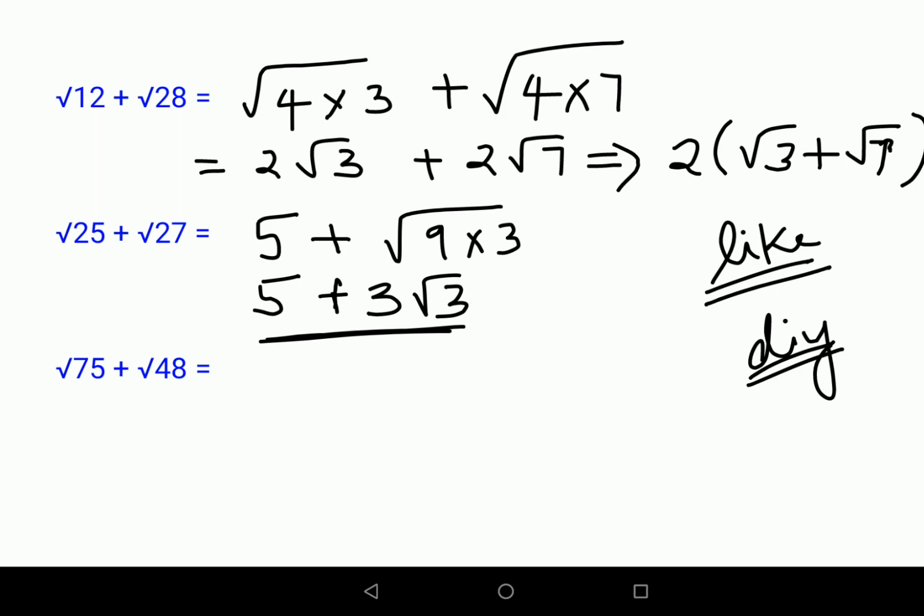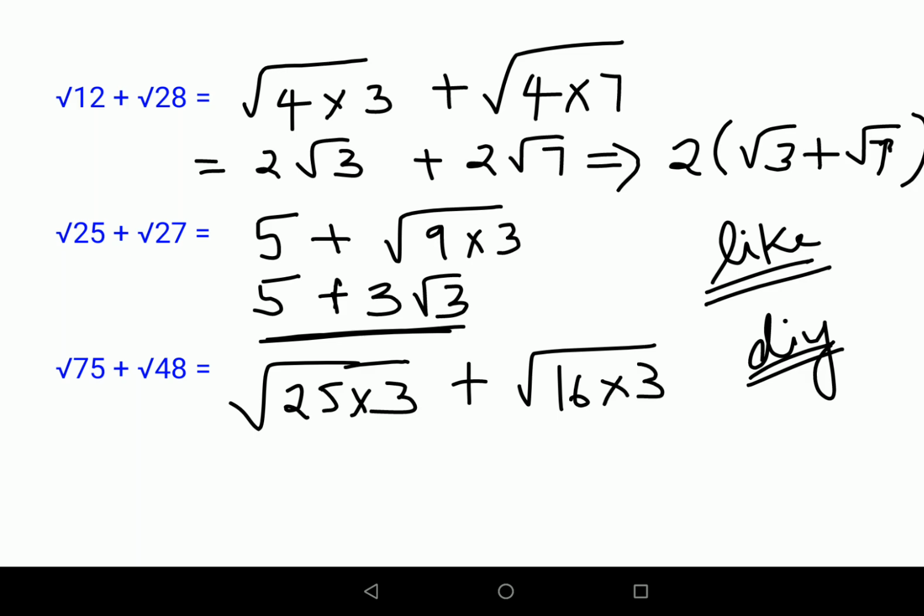Okay, very quickly let's look at one more. So this is what? 25 into 3, and this is what? 16 into 3. Understand, you have to make sure that whenever you're splitting, it is best to write this in the form of factors. But since I have been doing this for quite some time, and looking at the number only I can judge it, I can do it.